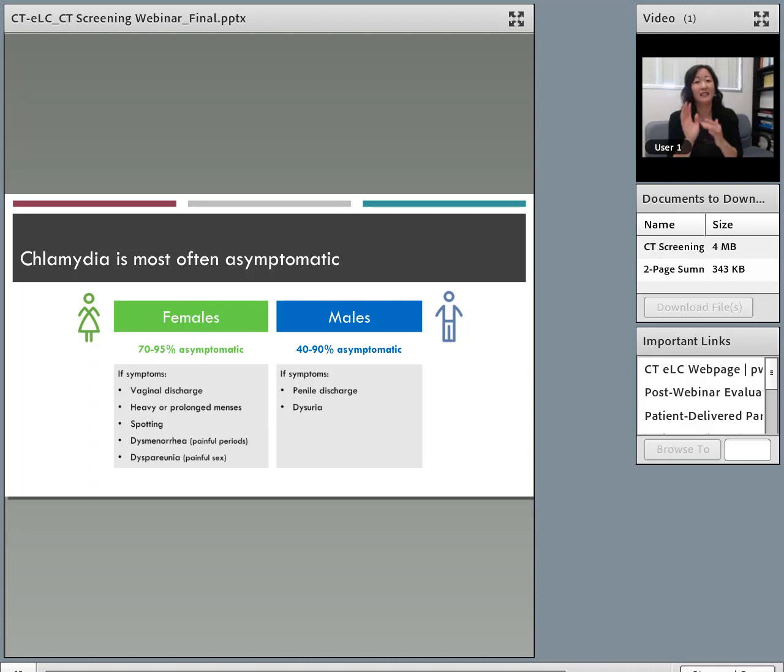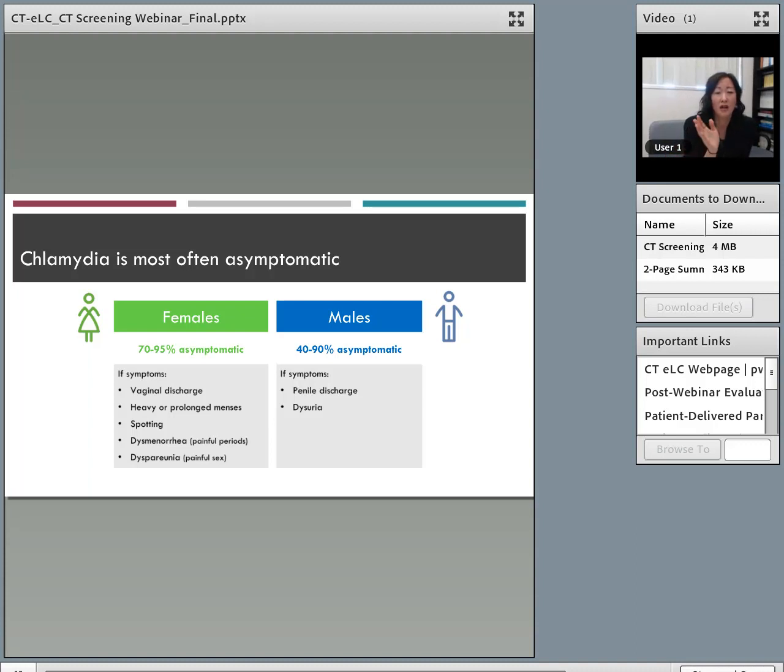It gets a little bit trickier for men because it really depends on the study that you're looking at in terms of which proportion of men are asymptomatic. So this is a twist on the common teaching that I received in medical school and in my training, that, oh, men are going to be symptomatic and women are asymptomatic, and that's really not true.